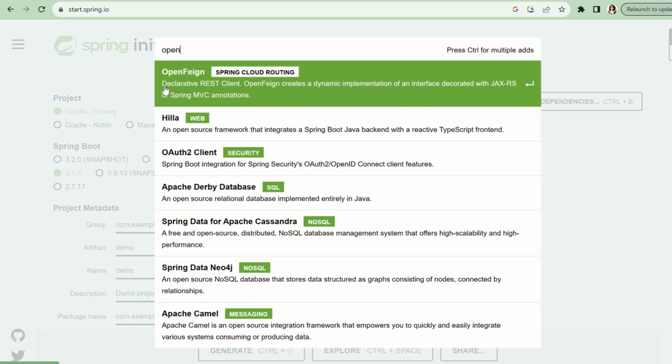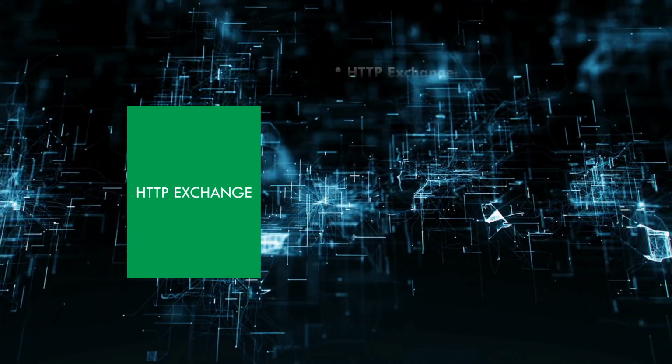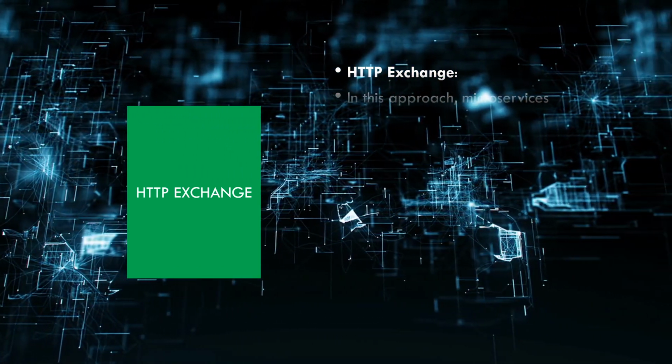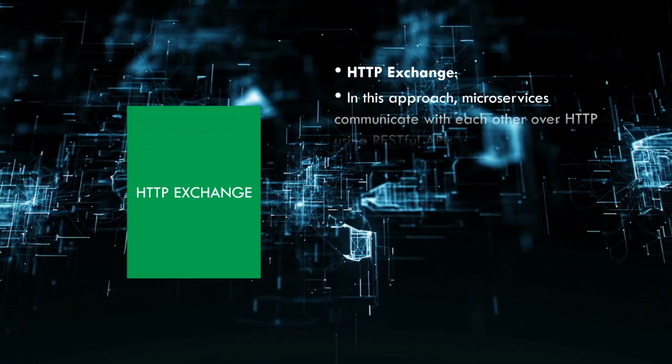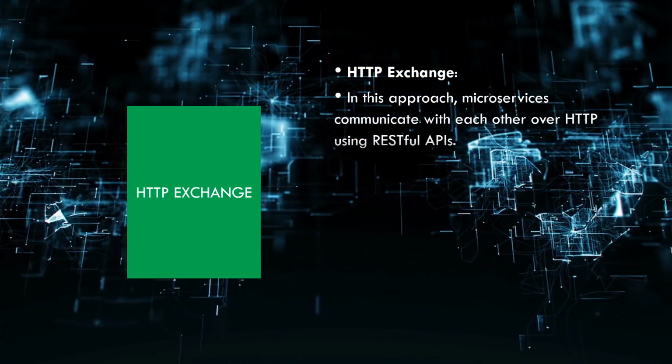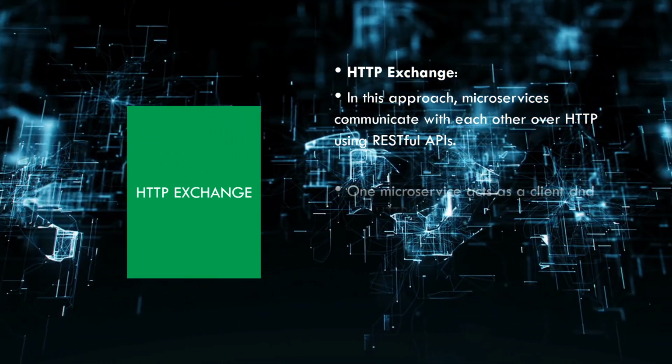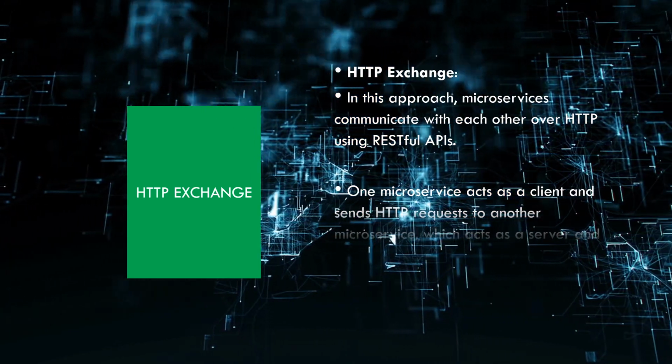Here you can see this is a declarative REST client. OpenFeign creates a dynamic implementation of an interface with JAX-RS or Spring MVC annotations. From Spring Boot 3.0 onward, HttpExchange is widely used. In this approach, microservices communicate with each other over HTTP using RESTful APIs.